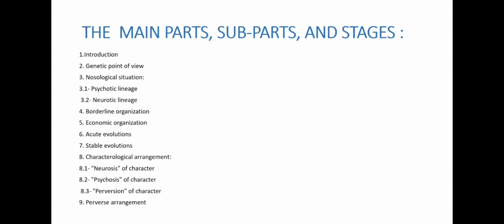And as we know, the main parts, subparts, and stages are: introduction, genetic point of view, nosological situation, which contains psychotic lineage and neurotic lineage, and borderline organization, economic organization, acute evolutions, stable evolutions, characterological arrangements, which contains neurosis of character, psychosis of character, and perversion of character. And the last one is perverse arrangement.